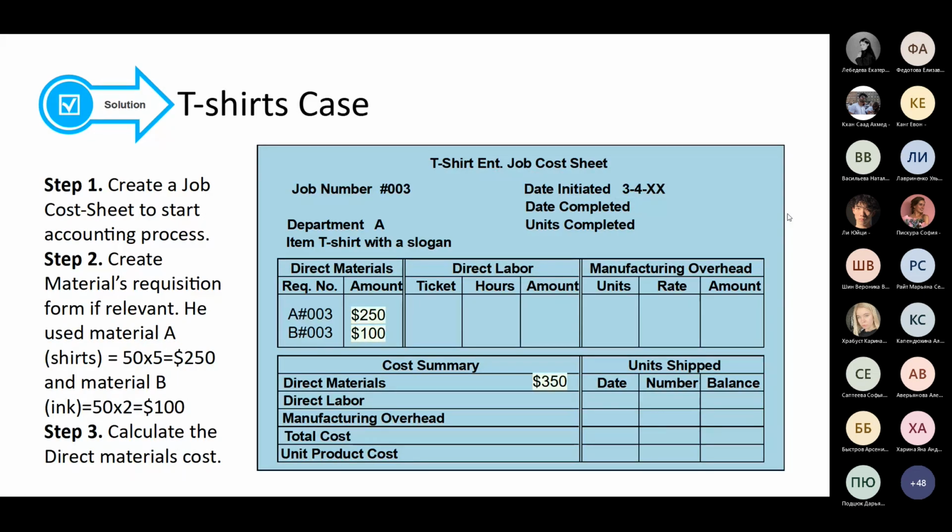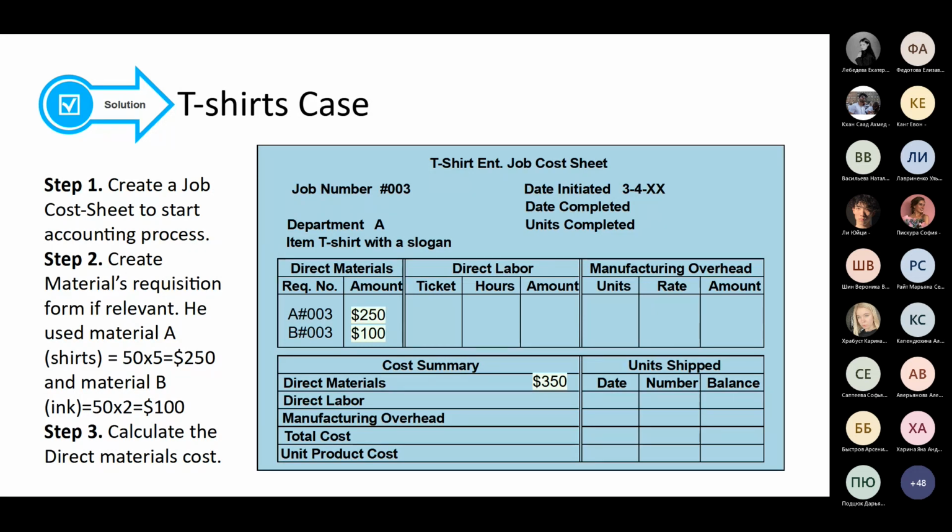On step number 1, we create a job and create an associated job cost sheet in order to start the accounting process. Step number 2 requires creation of materials requisition form. If it is relevant, if you are working within a big organization, of course, it's needed. In case of small business, it's not so obligatory, but still could be helpful.